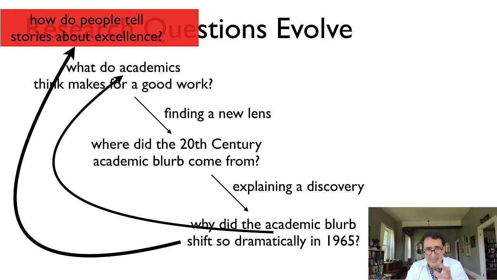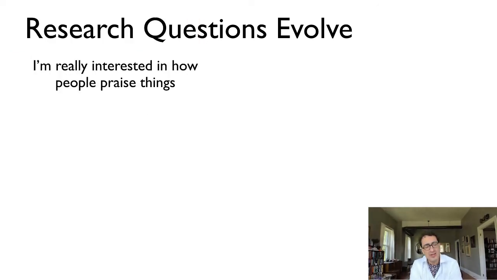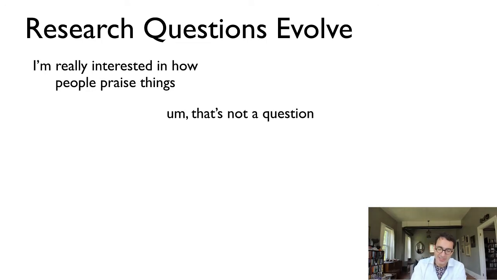So here's another example. This is one sequence of research questions as they might evolve over the course of an investigation. Here's my research question. I'm really interested in how people praise things. So a couple problems with this research question. The first is it's not actually a question, right? What you've done here is say, well, there's something I'm interested in.